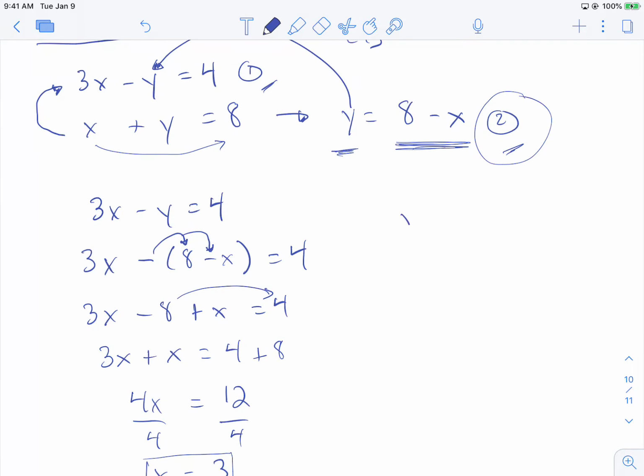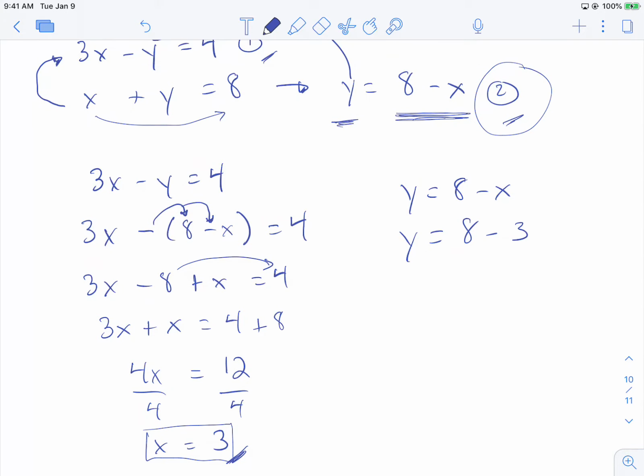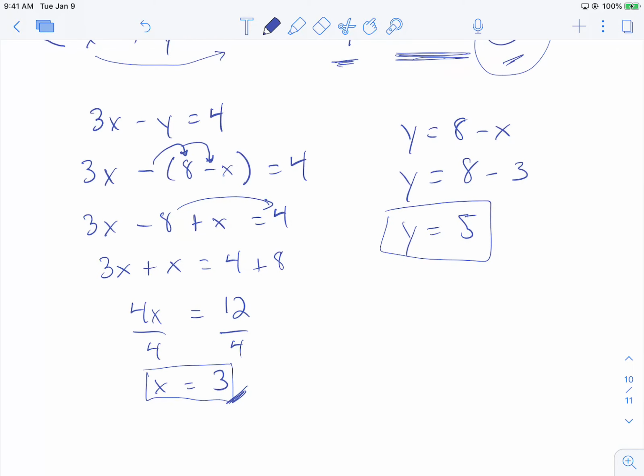So y equals 8 minus x, y equals 8 minus, and our x value is 3, so I'll put the 3 in there. We get y equals 8 minus 3, which is 5, and we have solved it. We've found the solution to be x is 3, y is 5. So that is the solution, or our intersection, between these two lines.